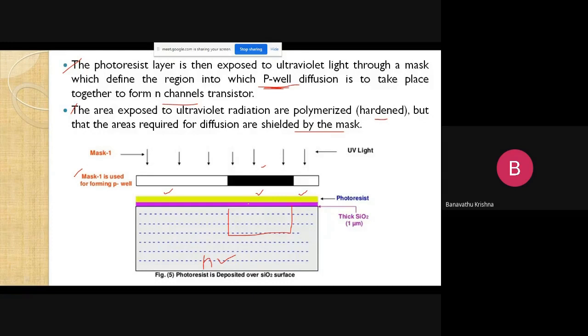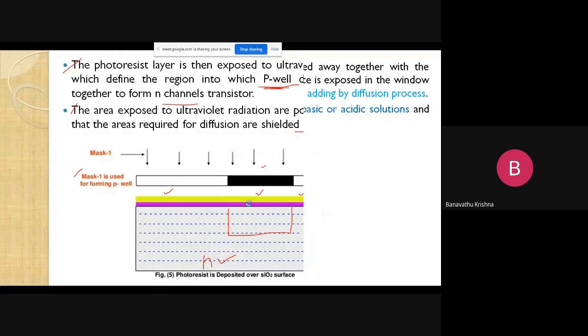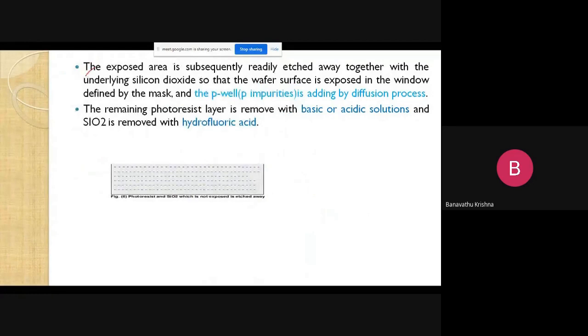Now, in the second case, we need to remove the photoresist layer and the silicon dioxide layer where it was not affected. Those areas are removed. So here, the exposed area is subsequently etched away together with the underlying silicon dioxide.